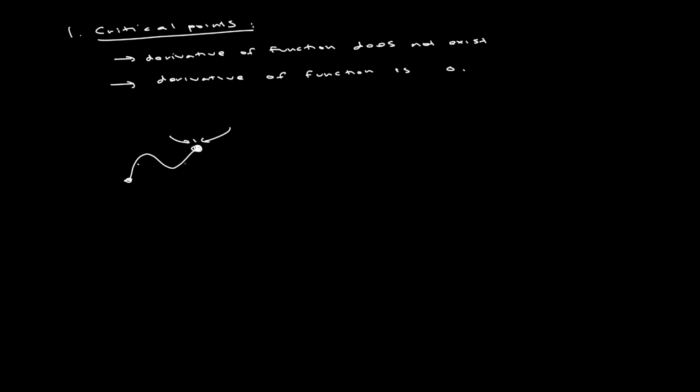And so endpoints are critical points, and then in the other example we had a cusp, something like this. And so the derivative at that point does not exist as well. So that was a critical point. And our final case is where the derivative is 0. And so that's a critical point.